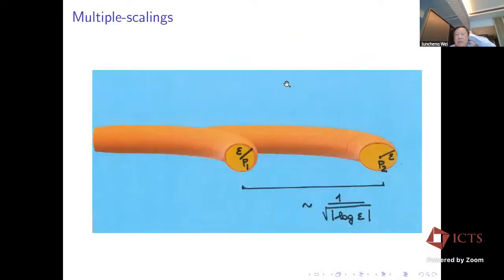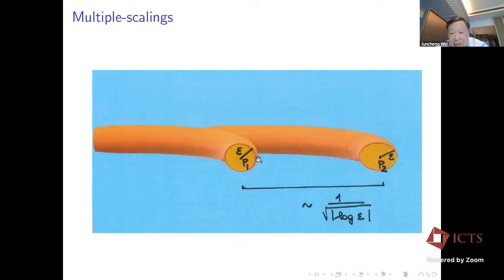So what is new about this problem? What's new is that we're going to see four different scales. First, we're going to see epsilon order. This is around the vortex ring; the tube will be of epsilon order.